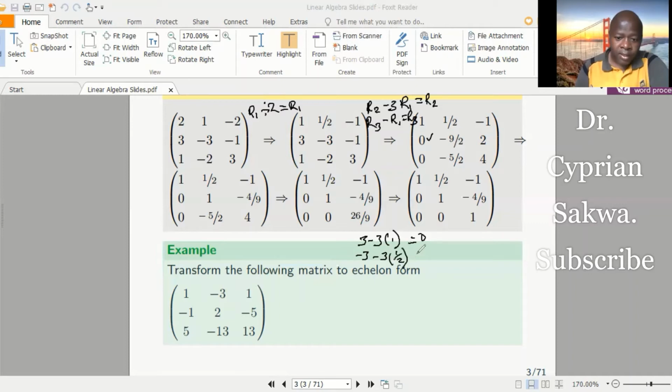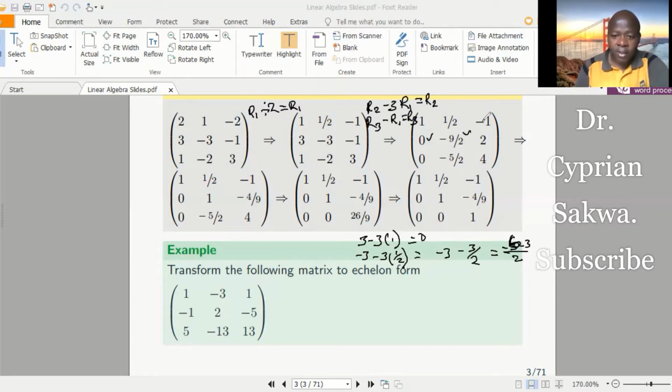So this is the same as negative 3 minus 3 over 2. The LCM there is 2, and so this will be negative 3 minus 3, which is negative 6, negative 6 over 2 and negative 3. And so this is what gives me negative 9 over 2.